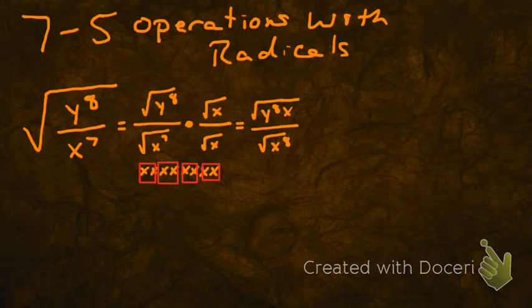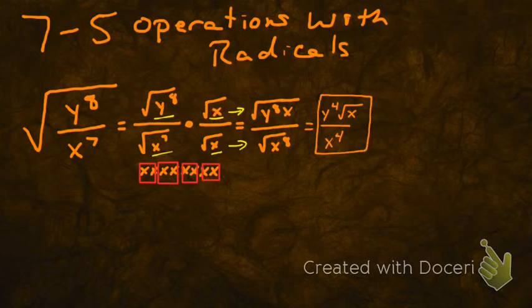Y to the 8th, we'd have 8 y's drawn out. We would circle groups of 2 and move them out. You're going to have a y to the 4th on the outside and a lonely x. And then on the bottom, you're going to have 8 x's. You can see I have those written out with 4 groups circled, and those come out to make x to the 4th.